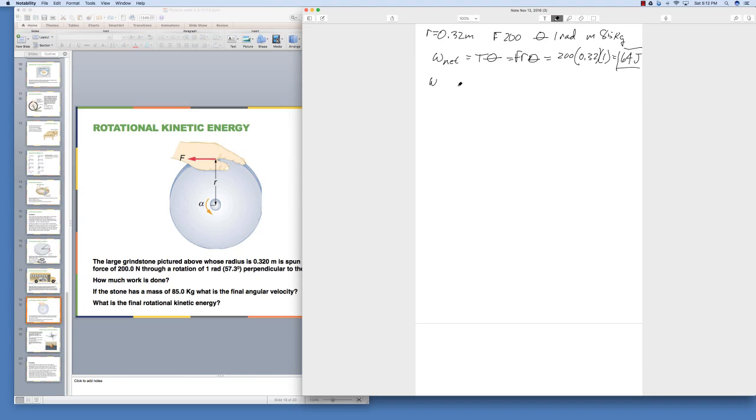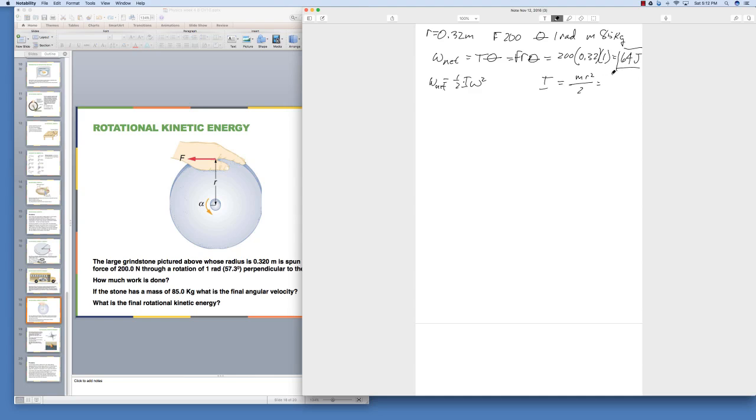So it then asks, if the stone has a mass of 85 kilograms, what is the final angular velocity? Well, work net is equal to 1/2 I omega squared. And we assume that there was no initial velocity, so we don't have to worry about that. Now I, if you go back to that table that I showed you before, with a disk, it's going to be m r squared over 2.